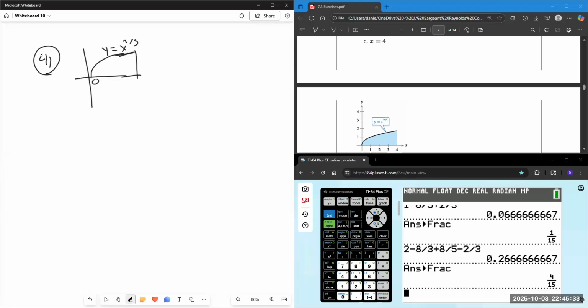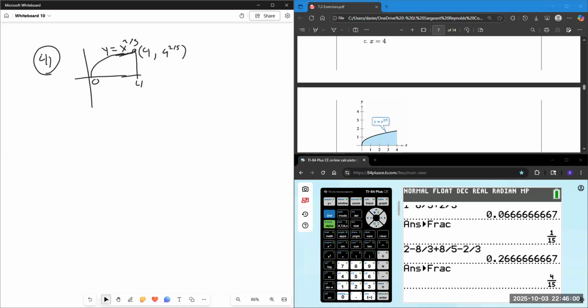X goes from 0 to 4. And this point up here is 4 to the 2/5, whatever that is. So 5th root of 16. Not a nice number, not a number that I want to use as a bound. So I'd like my bounds to go on x from 0 to 4 if possible.